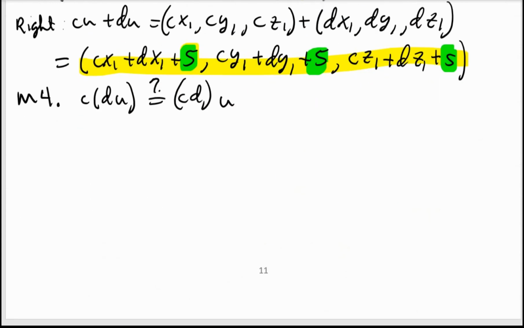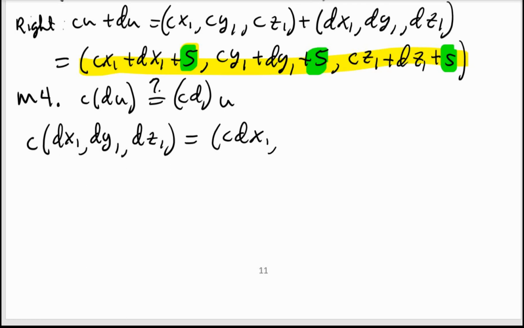So that guy works out good. So this is c times the d times x sub 1, d times y sub 1, d times z sub 1. Then we multiply by the c, so we get cd x sub 1, cd y sub 1, cd z sub 1.